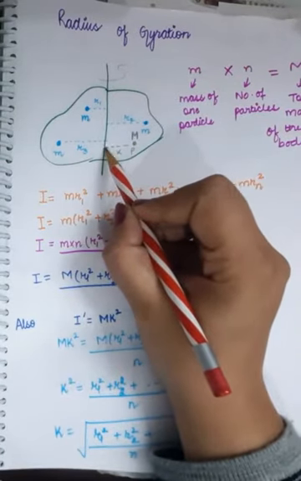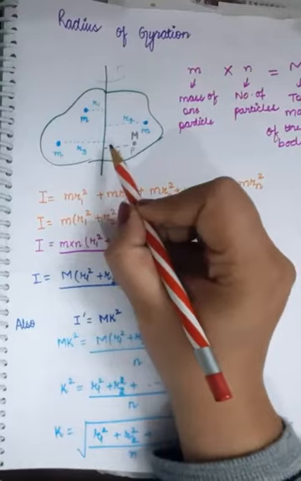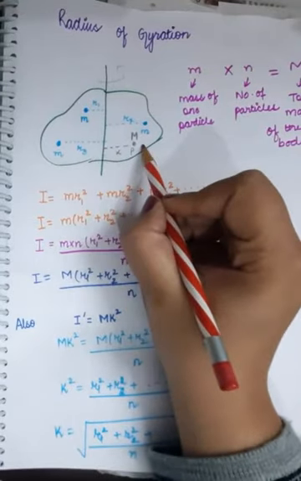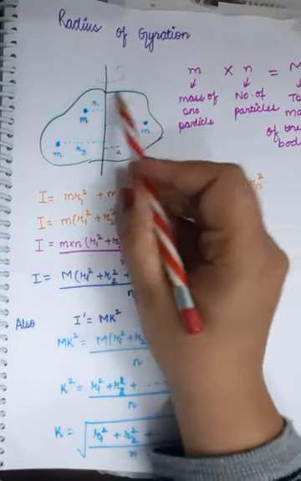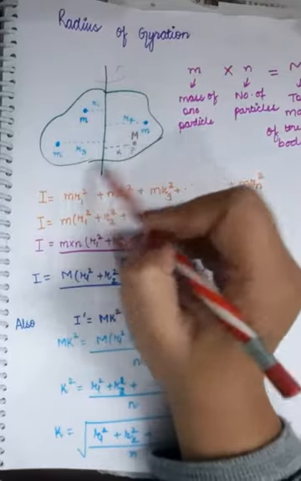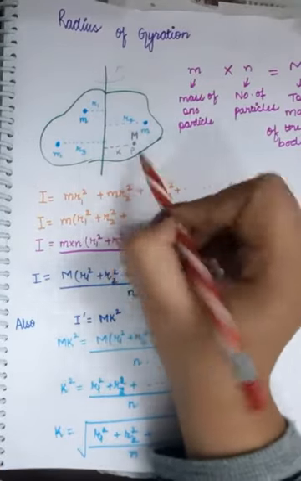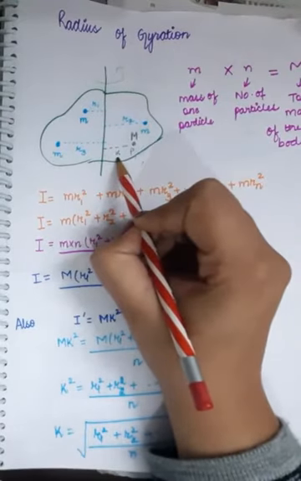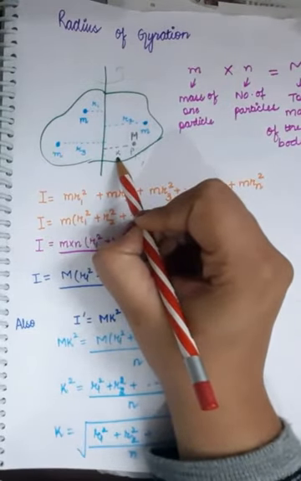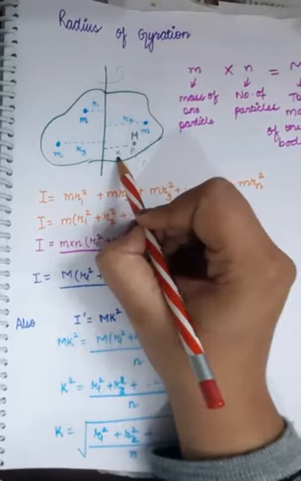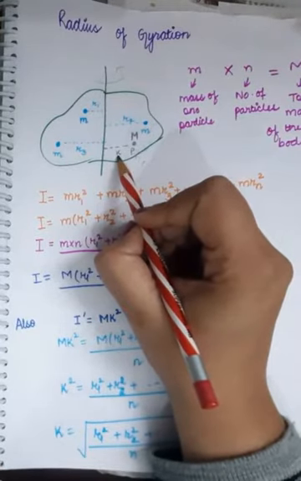If you measure the distance from the axis to the center of mass such that the moment of inertia of the whole body and the moment of inertia of this point are equal, then this distance will be known as radius of gyration. I repeat the concept.